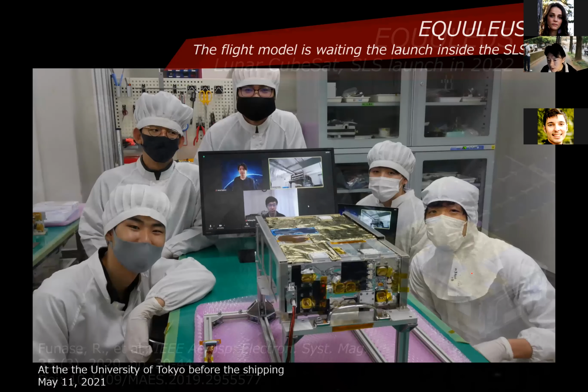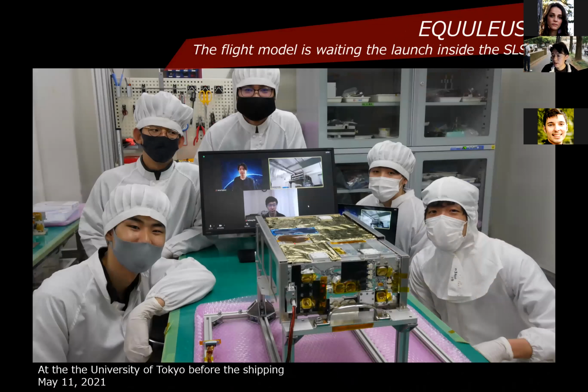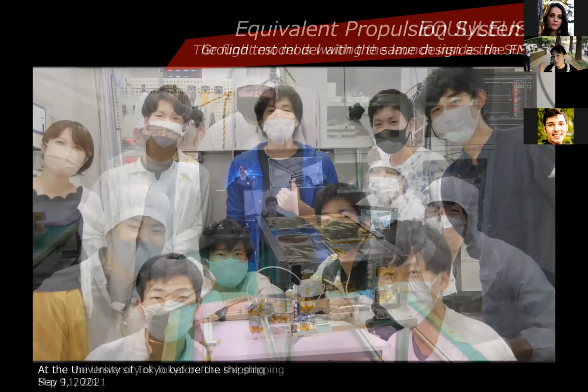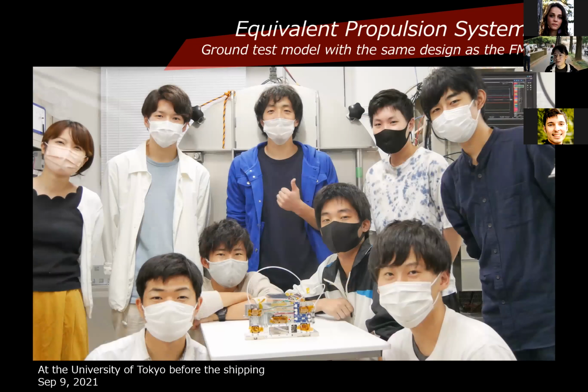This is a flight model of our satellite, and you see here our propulsion system. This flight model was shipped to the US, and now it's waiting for the launch. Additionally, we have developed an equivalent propulsion system, basically the same design, this one.